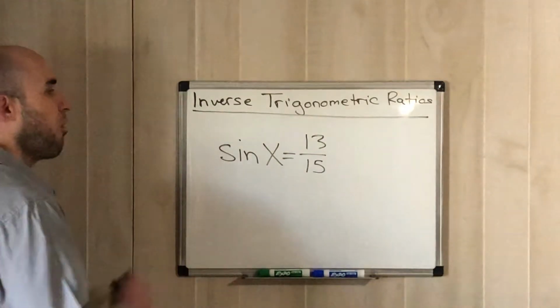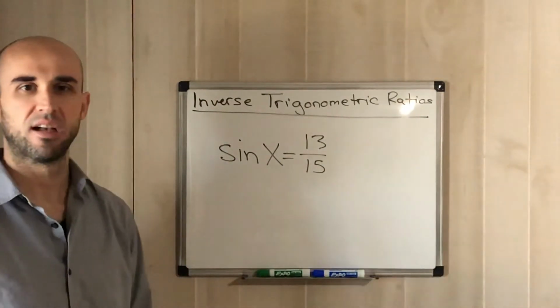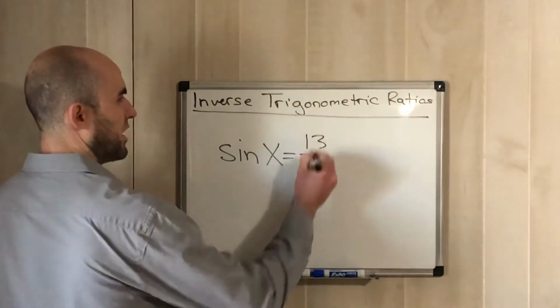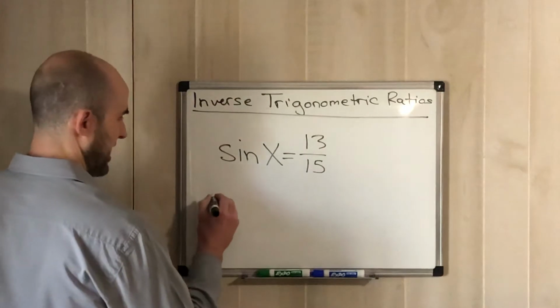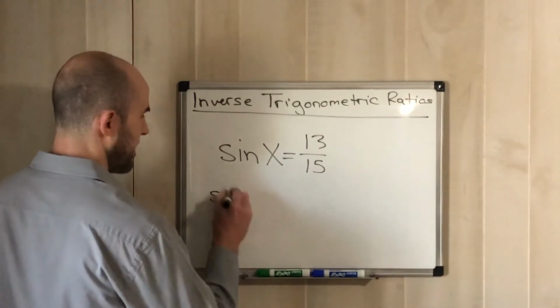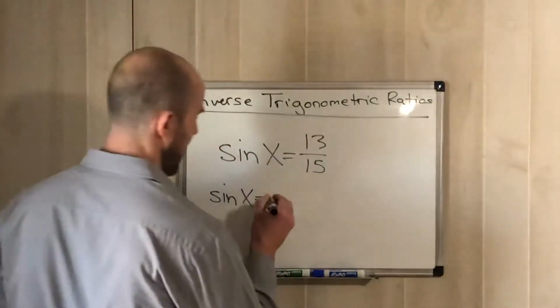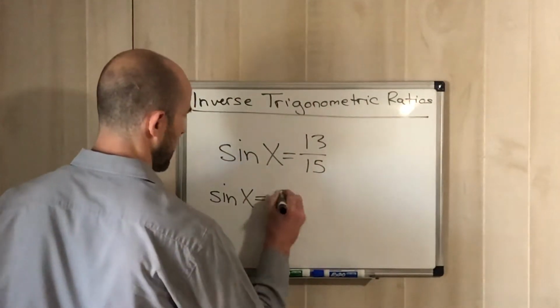The way we would go about solving for x, I'm going to simplify this first just to make it easier to see. First thing we do, we divide 13 divided by 15 just to make it easier. So it would be sine of x equals, it's going to end up giving us 0.87 rounded, right?